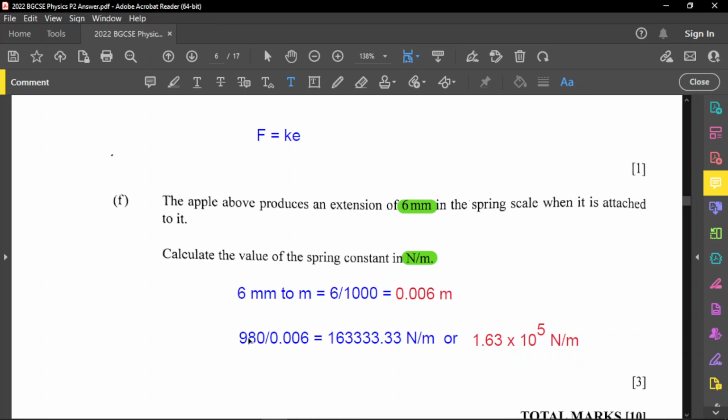Therefore now to find our constant, we're going to say force divided by extension. The force is 980, which is the weight, divided by 0.06. And therefore we have 163,333.33 newtons per meter. Or we can just say 1.63 times 10 to the 5 newtons per meter.